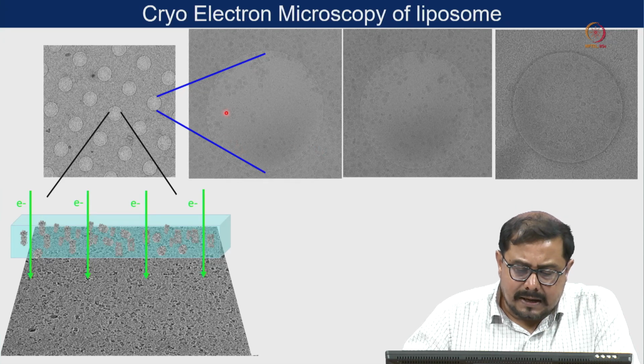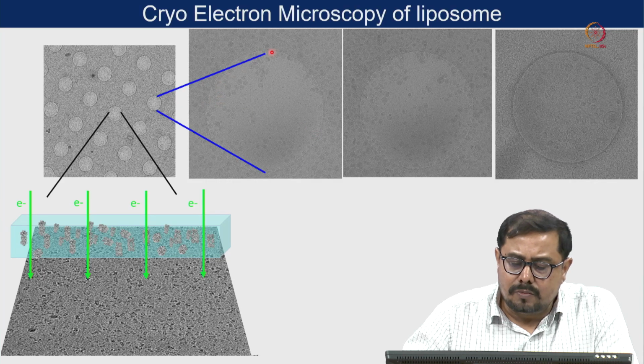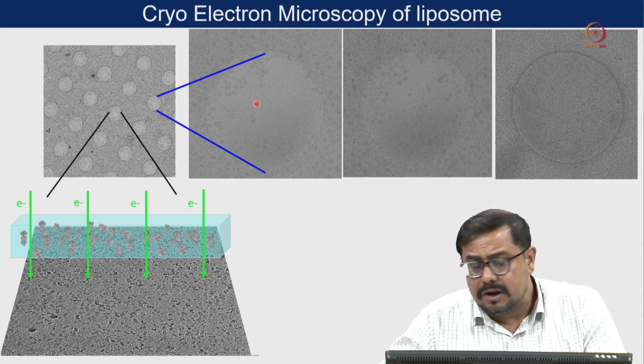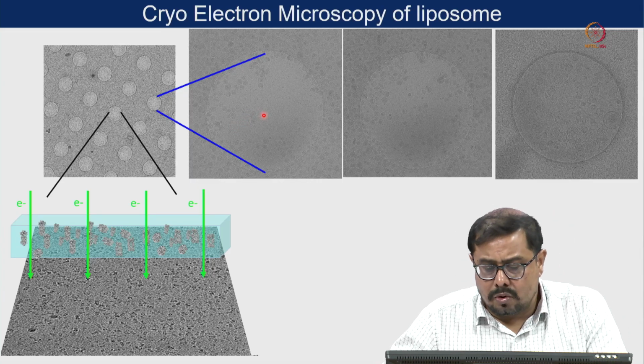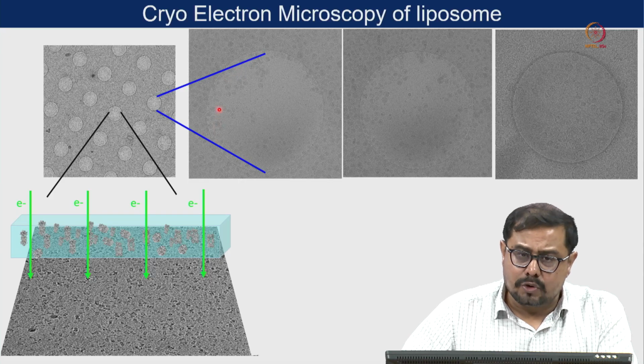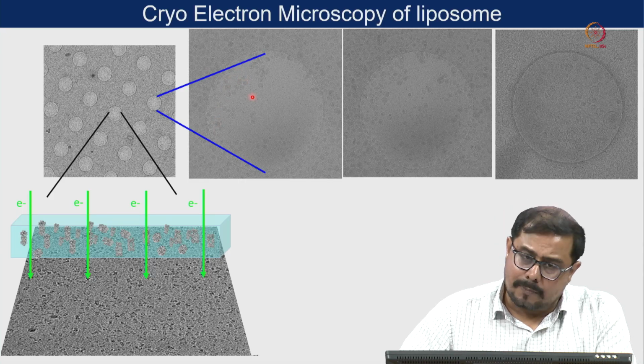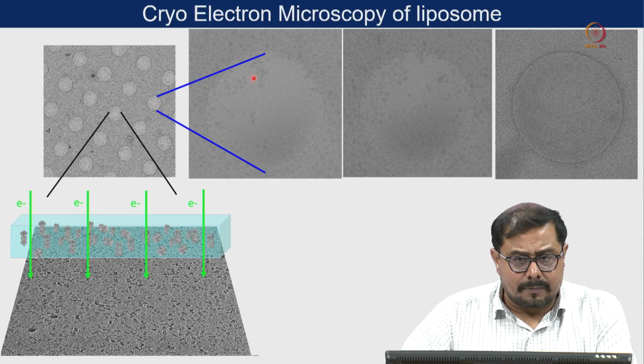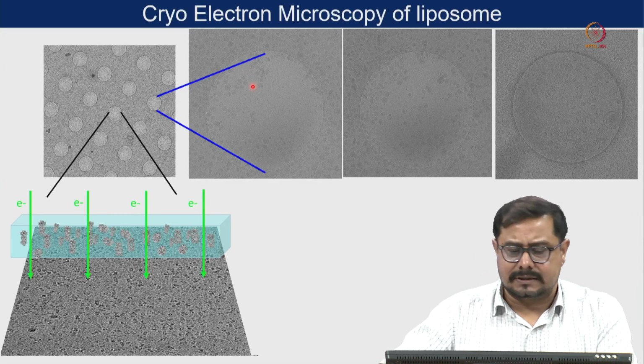At this magnification you can see the entire hole in enlarged view, and those are the liposomes which are distributed. I cannot say this is uniformly distributed. Sometimes I have a feeling that many of these liposomes are very close to the carbon. Why they are close to the carbon, we will discuss in a later slide.